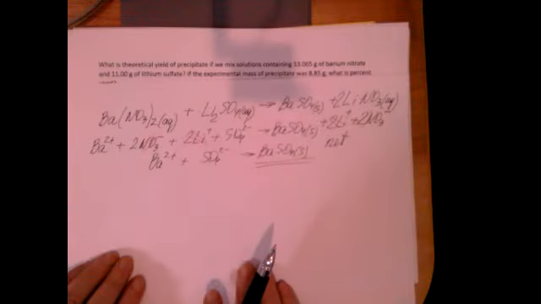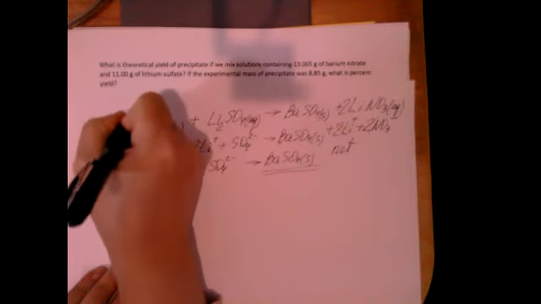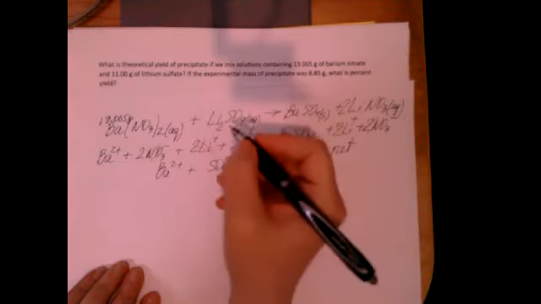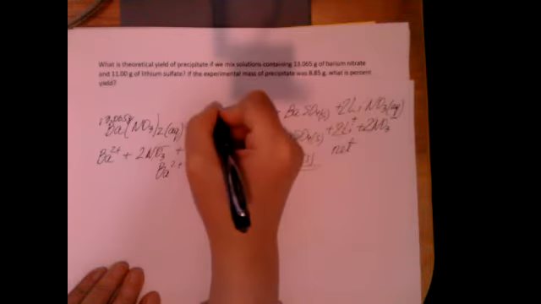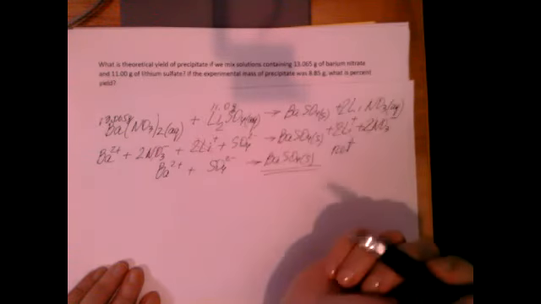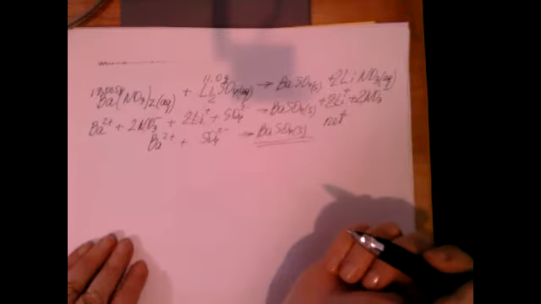So we have 13.065 grams of barium nitrate and 11.0 grams of lithium sulfate. We need to calculate theoretical yield.